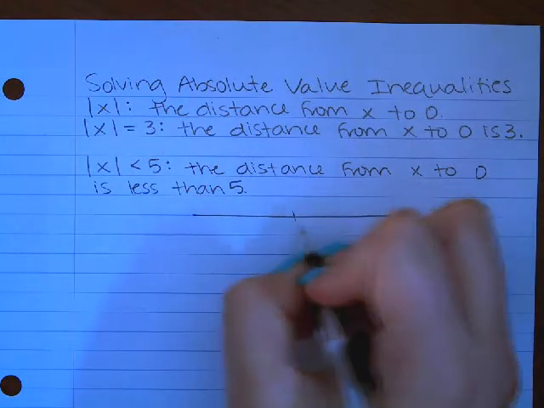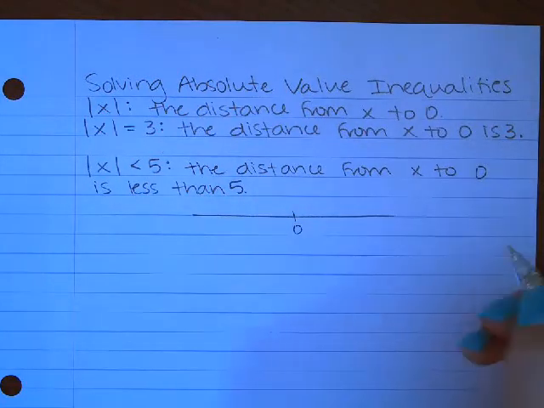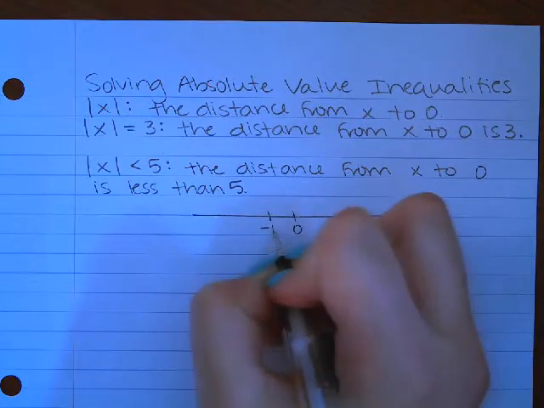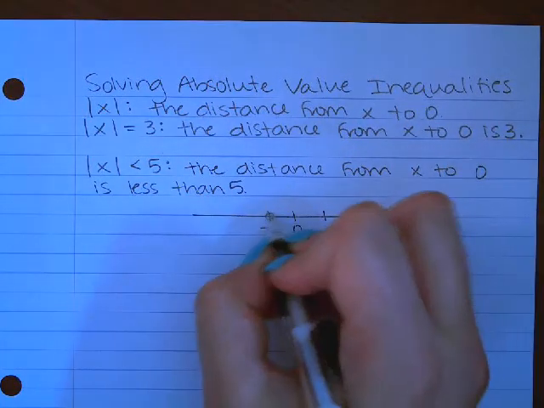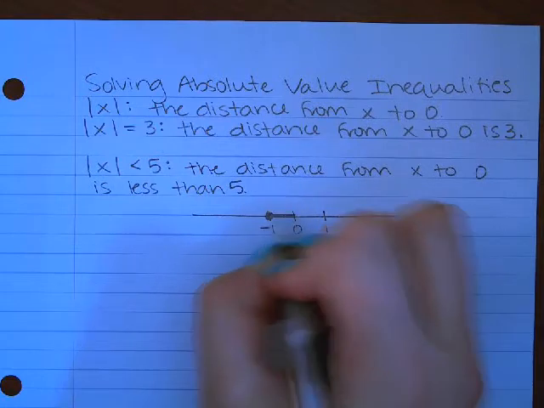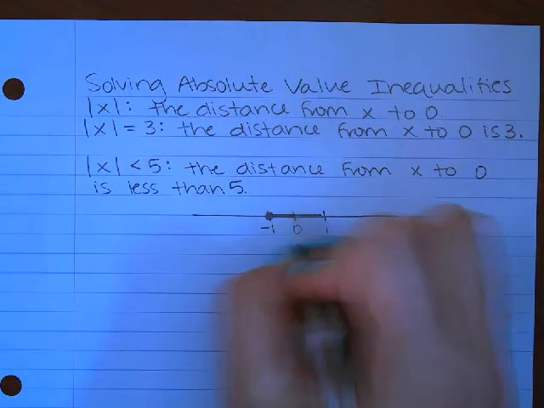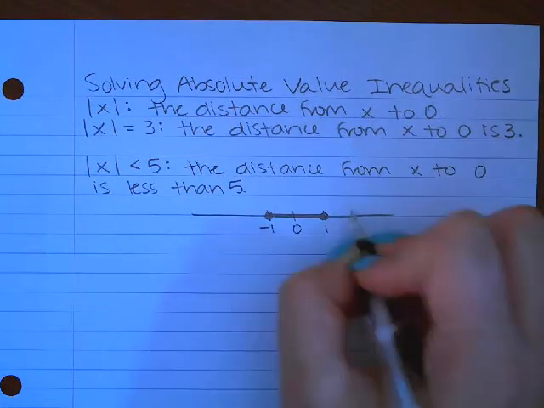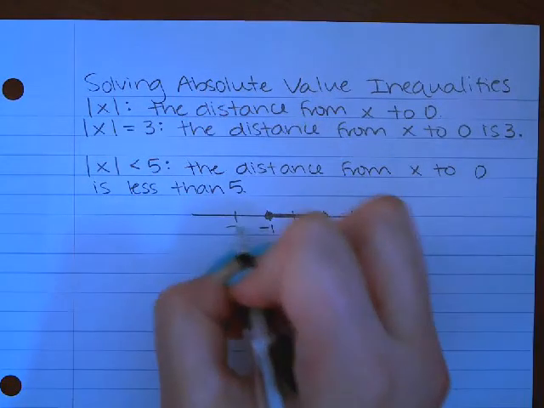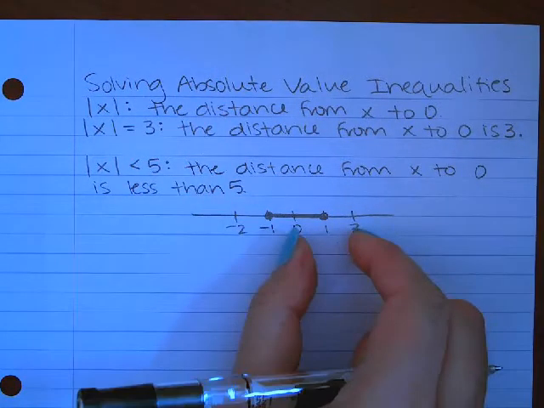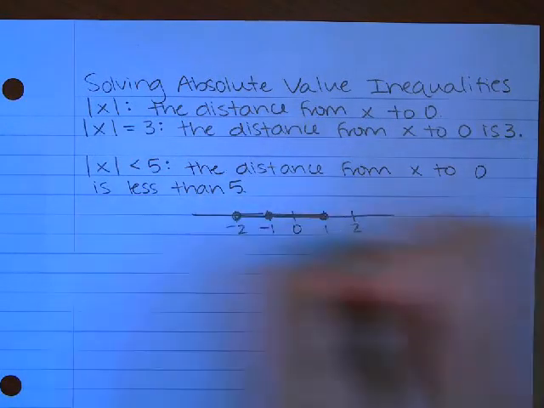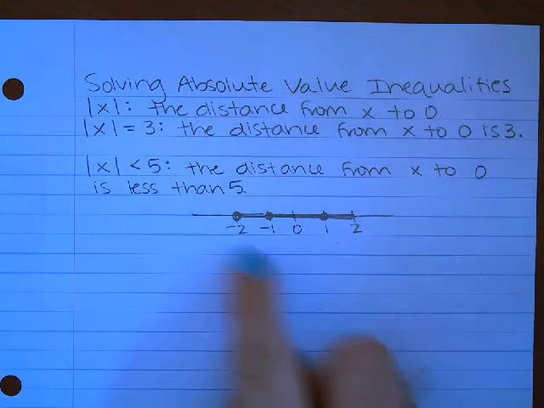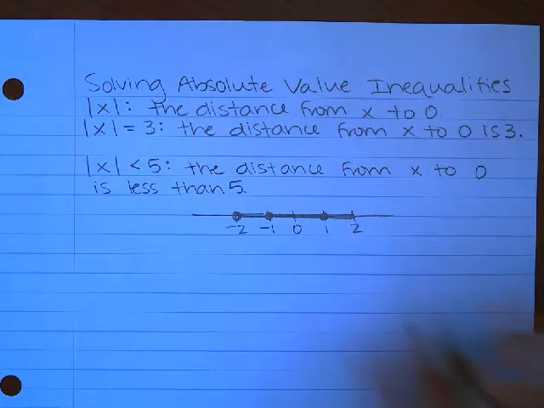So if we have 0, and we're looking for numbers that are within a distance of 5, we could have -1 and we could have +1. Both of those numbers are within a distance of 1 to 0, so that's within a distance of 5. You could also have 2 and -2, those are within a distance of 2 from 0, so those would also work. So now we've got 1, 2, 3, 4, 5 different answers that would all work.